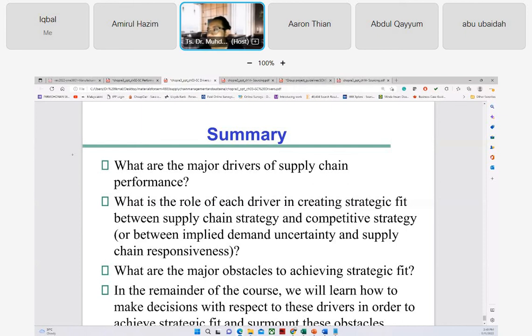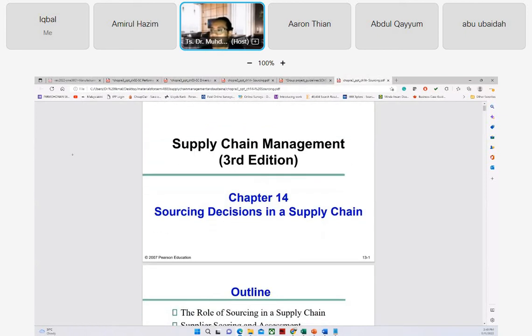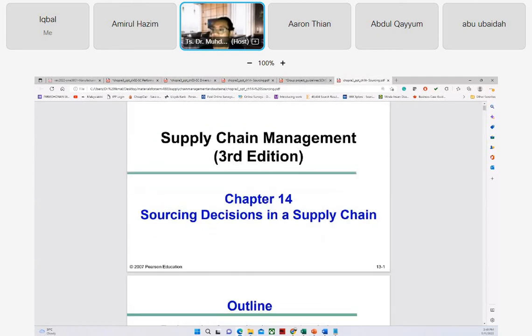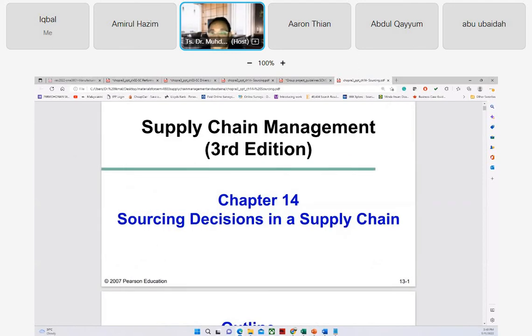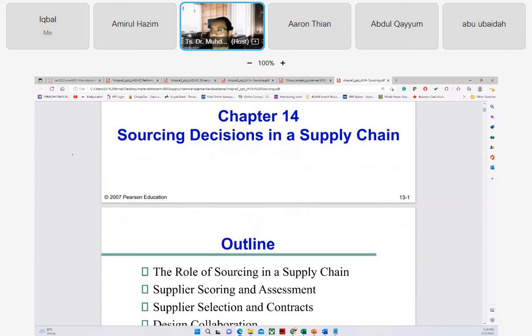The next chapter is sourcing decisions in the supply chain. This is more calculation. The topics after this are more about giving a decision, so you have to make sure you balance responsiveness and efficiency.